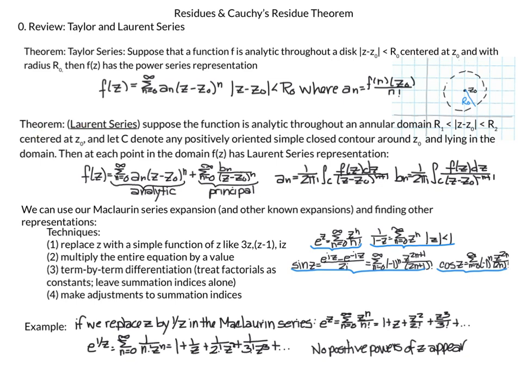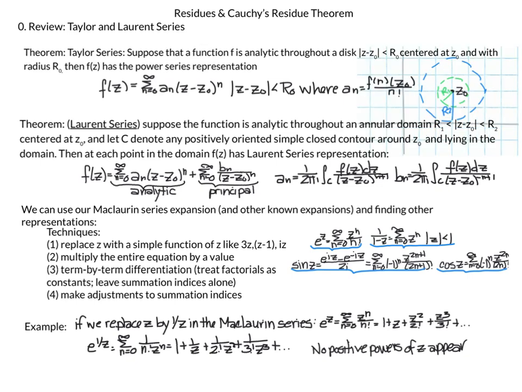So what we came to was the Laurent series, which says, suppose a function is analytic throughout an annular domain, so the distance between z and z naught is between r2 and r1, and we're centered at z naught. So I've adjusted my drawing here. Here's z naught. That's going to be where we're centering our approximation, and this is where our function may not be analytic.